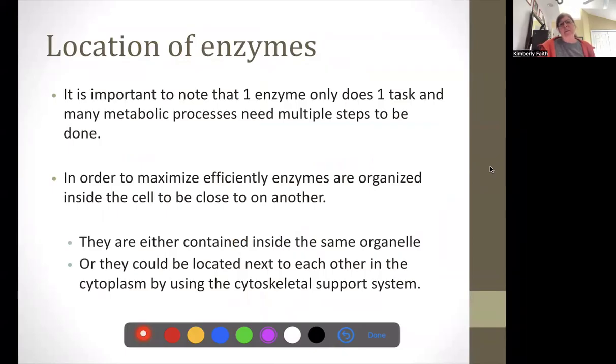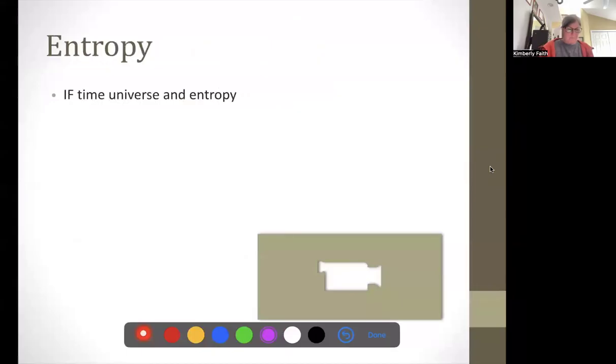And many metabolic processes need multiple steps to be done. So, in order to maximize efficiency, enzymes are organized inside the cell to be close to one another. They're either contained inside the same organelle or they could be located next to each other in the cytoplasm by using the cytoskeletal support system.